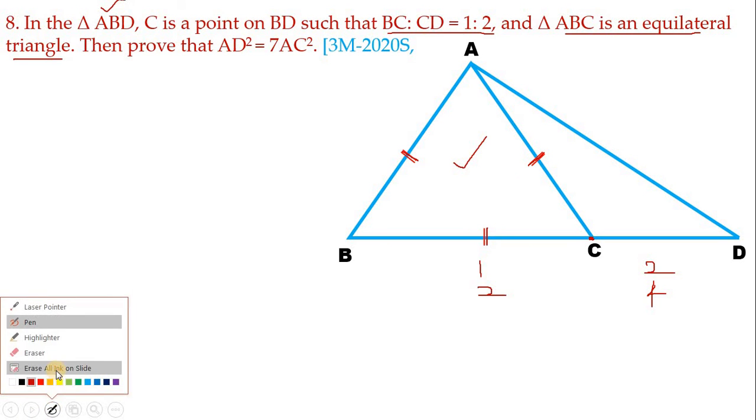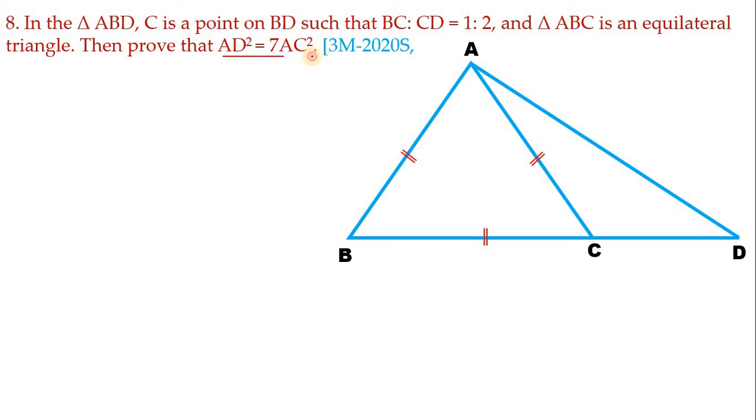Next, what we wanted to prove is AD square equals, where is AD? AD is here. Equals 7 times AC square. Where is AC? AC is here. So, AD square and AC square: if you see in the triangle chapter, squares we will get only in the theorems on areas of similar triangles and Pythagoras theorem.